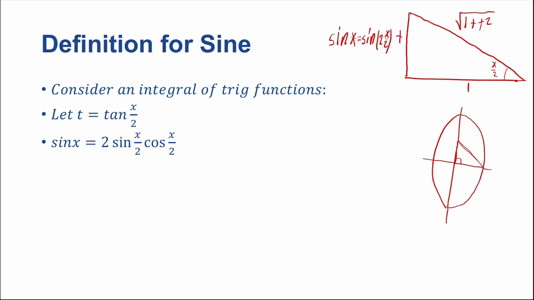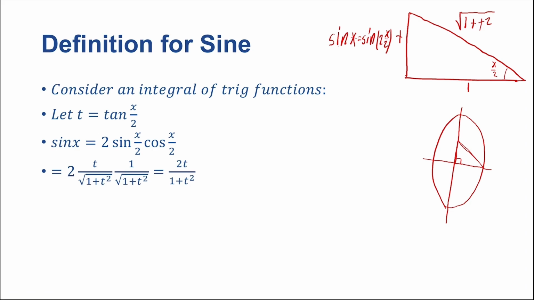So now we need to determine what we're doing with this. Sine is opposite over hypotenuse, so that's t over square root of 1 plus t squared. Then cosine is adjacent over hypotenuse, so 1 over square root of 1 plus t squared. So we can do that substitution.